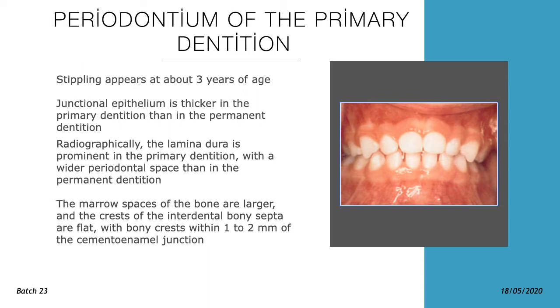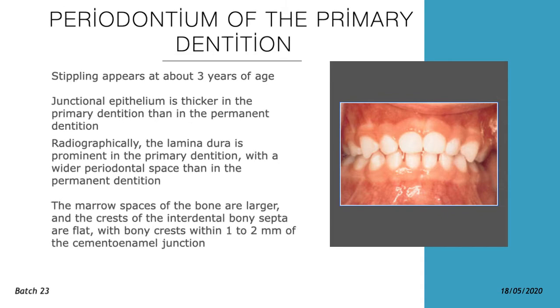Radiographically, you can see the lamina dura and periodontal ligament space are more prominent in primary dentition compared to permanent dentition. The marrow spaces of the bone are larger, and the crests of the interdental bone septa are flat, with the bony crest within 1 to 2 mm from the cemento-enamel junction in primary dentition.